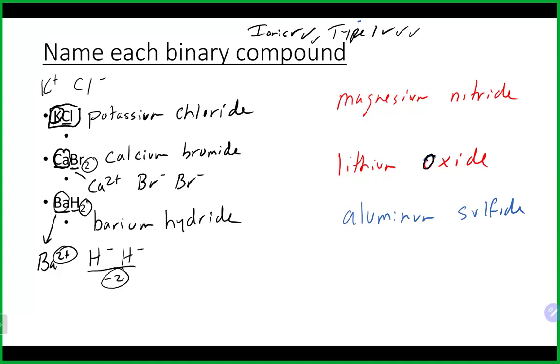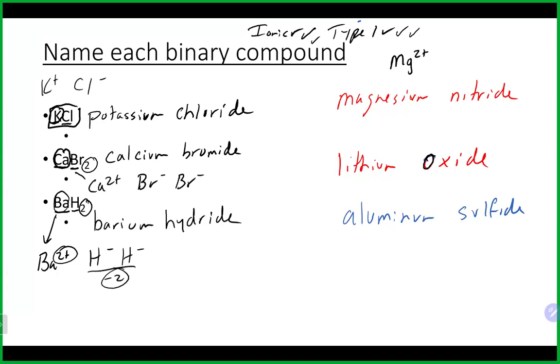Now, when we want to write the actual formula for a name, we kind of work backwards. What you want to always start with is just the basic units that make it up, in this case, ions probably. And when we see magnesium and nitride, magnesium, I know hopefully is group 2 on the periodic table, which means because it's group 2, it has a +2 charge.